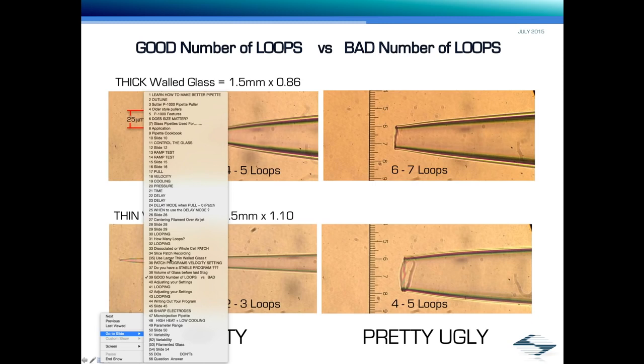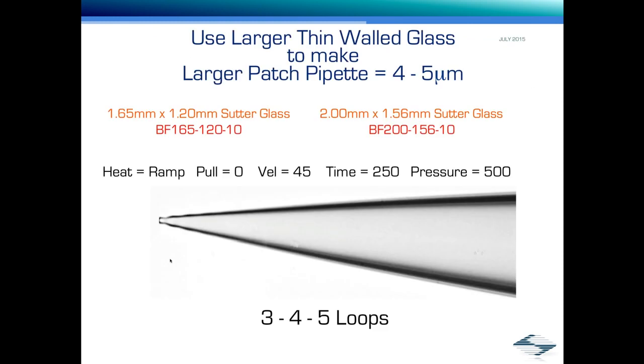Here. So I like using this glass so I can actually loop maybe 3, 4, or 5 times, because I've started off with a glass that has a larger ID. I can also use maybe 2mm glass with 1.56 ID. But this glass, I really like this glass.